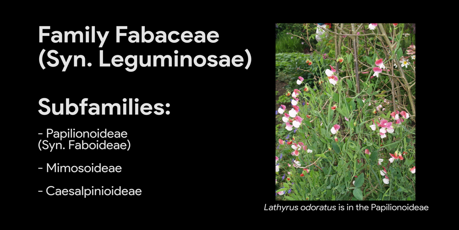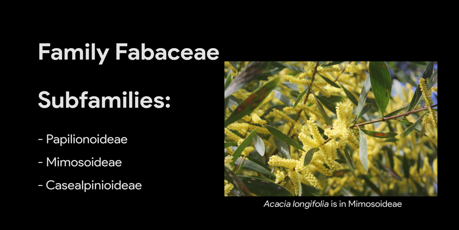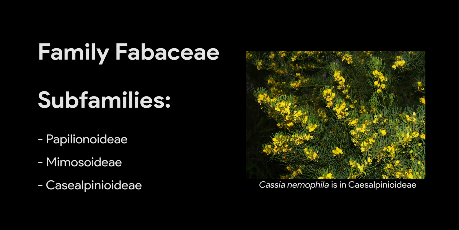Papilionoideae, which includes the peas, is sometimes called Faboideae. This is the largest subfamily. The other two subfamilies are then Mimosoideae, which includes acacia, and Caesalpinoideae, which includes senna and cassia.